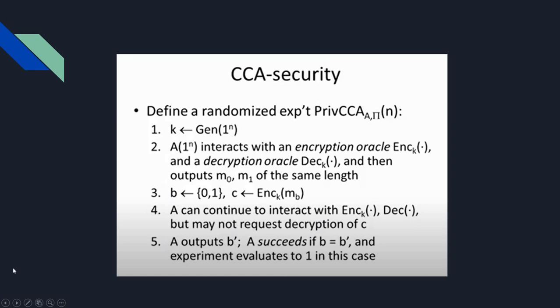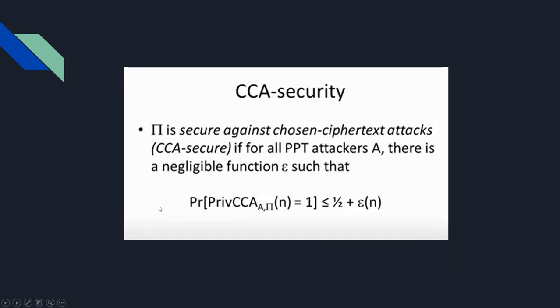Now this scheme pi that we defined is CCA secure if for all probabilistic polynomial time attackers there is a negligible function epsilon such that the probability of success in the last experiment is at most 1/2 plus epsilon.